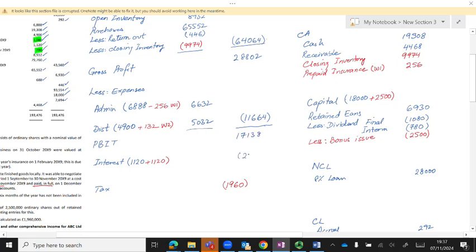Then we subtract all our interest and we get profit before tax, which is 14898. We will subtract the tax. I'm going to move this figure here, and we get profit for the period. Profit for the period is 12938.